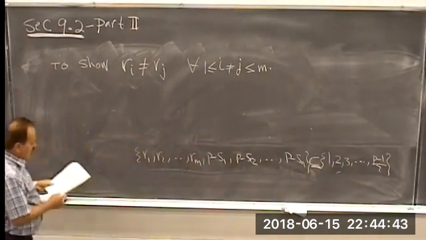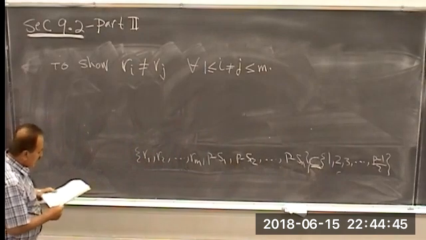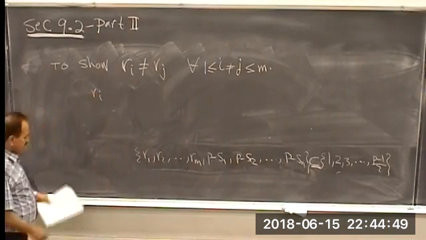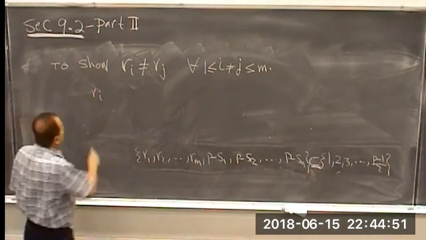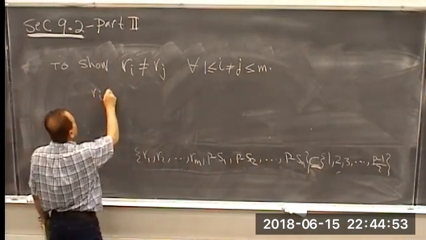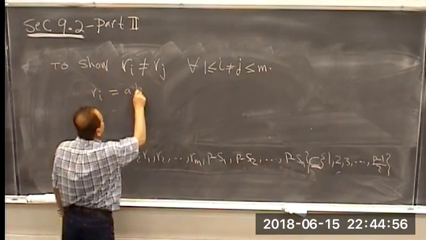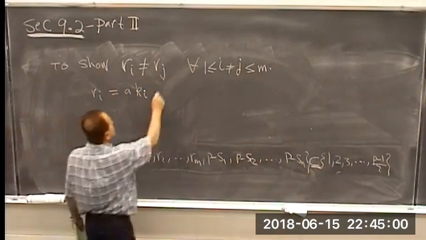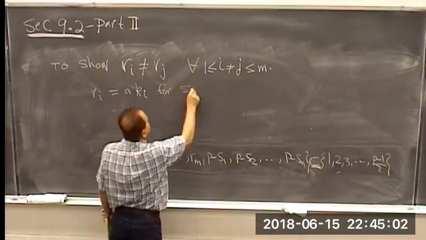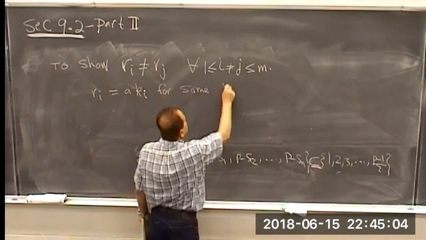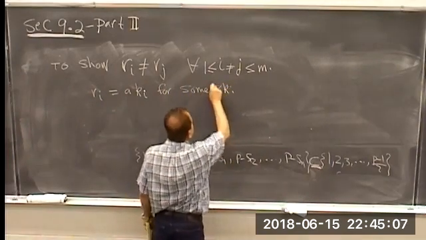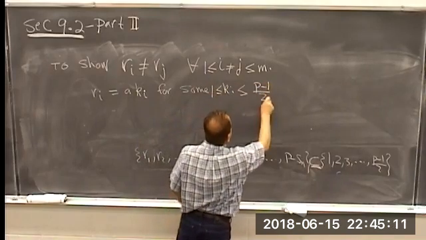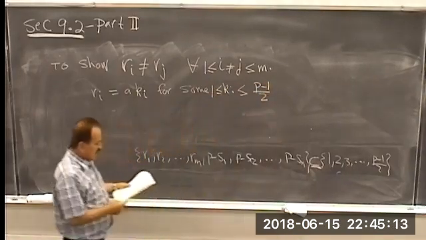Now we know that r sub i is of this form. It came from a multiplied by k sub i, for some k sub i between 1 and p minus 1 over 2.